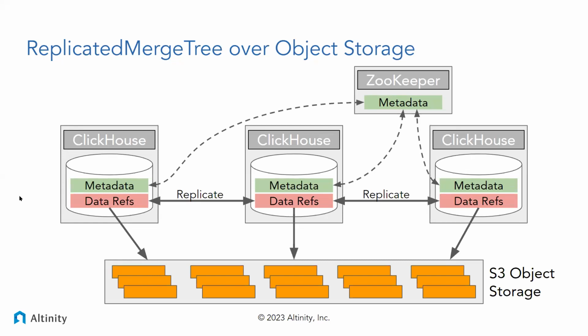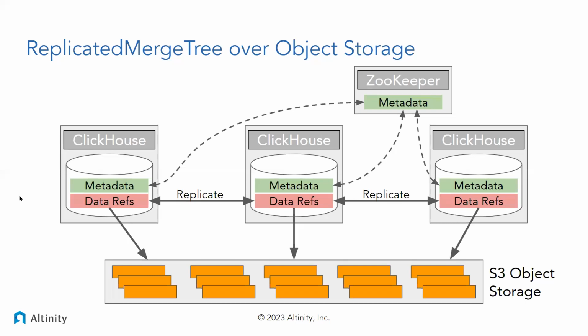If you go into the file system and trace through, when you get to the files that look like they represent the parts, if you open them up, they actually turn out to be a pointer to the S3 object storage.